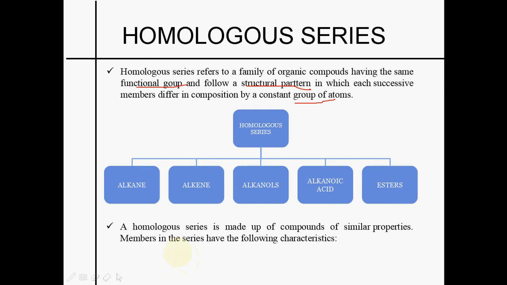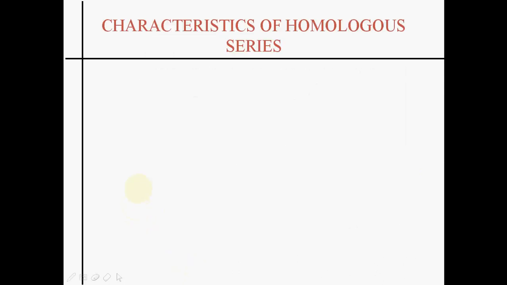So that takes us to another concept of looking at the properties or the characteristics that we use to qualify each particular organic compound to fall into a particular homologous series. Since we said they all have similar properties, let's observe some of the properties that homologous series contain.